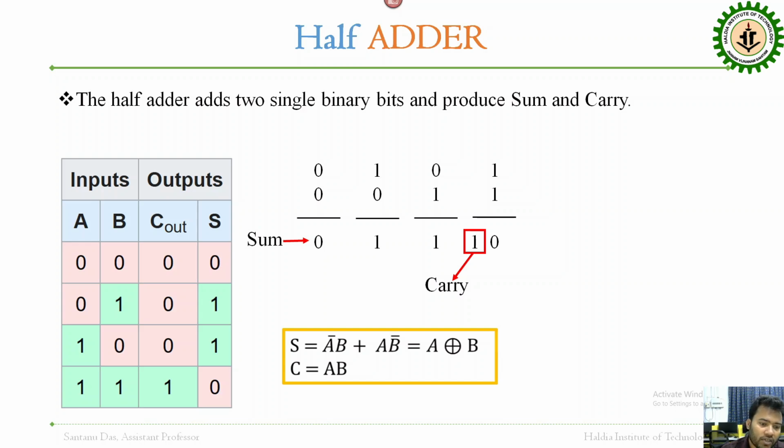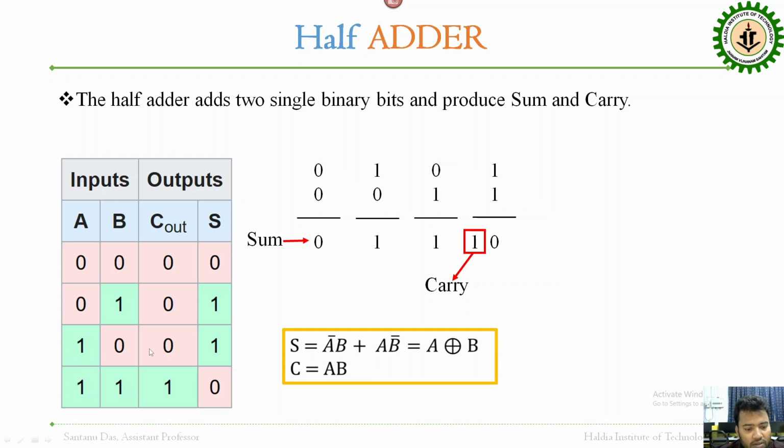So we create 4 possible combinations: 0 0, 0 1, 1 0 and 1 1. And by following these rules, we perform the sum. So here 0 0 means both outputs are 0. 0 1 means sum is 1, but there is no carry, so carry is 0.